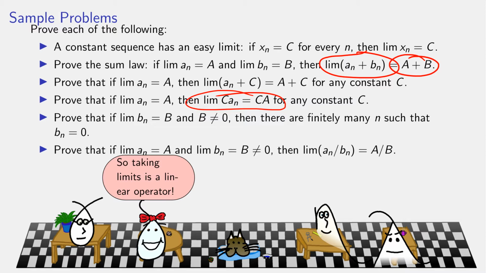If you have a space of sequences, you can think of sequences as vectors. You can multiply them by numbers and add them together and get new sequences. And limits are a way of taking sequences and getting out real numbers, and this operator of taking limits is a linear operator, which means all sorts of stuff you may have learned in linear algebra can actually be applied to the study of limits.